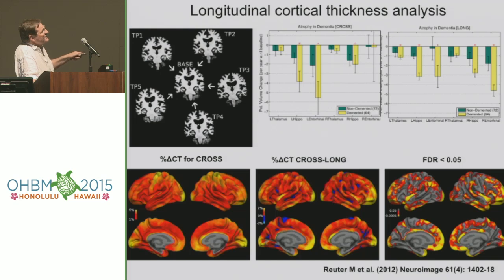And this ultimately gives rise to a much greater degree of error reduction. You see the large error bars here on the cross-sectional approach reduced in the longitudinal approach, and this gives a greater discriminating power for group difference.